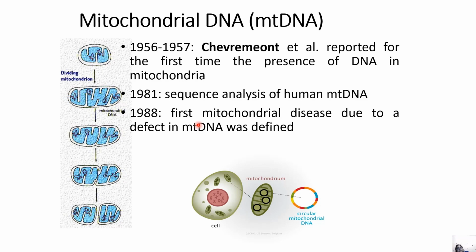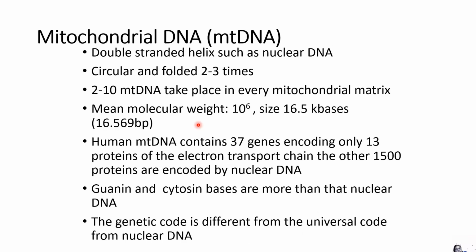If we talk about mitochondrial DNA, Chevremion et al. reported for the first time the presence of DNA in mitochondria, and people have done sequence analysis of human mitochondria. The first mitochondrial disease, due to a defect in mitochondria, was also defined. The DNA of mitochondria is a double-stranded helix, like the nuclear DNA. It's circular and folded 2 to 3 times.